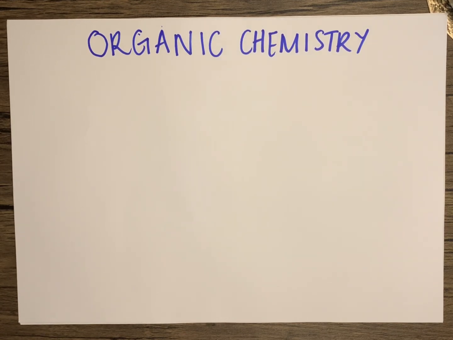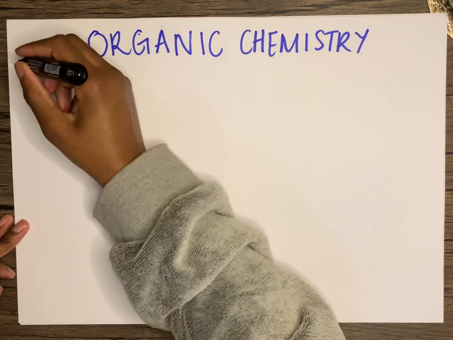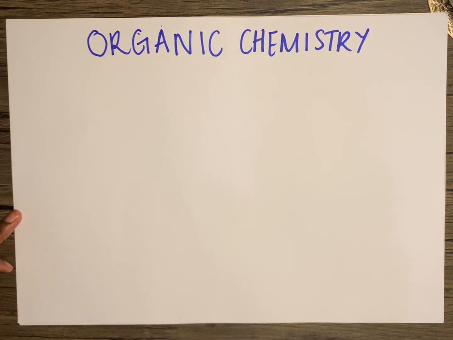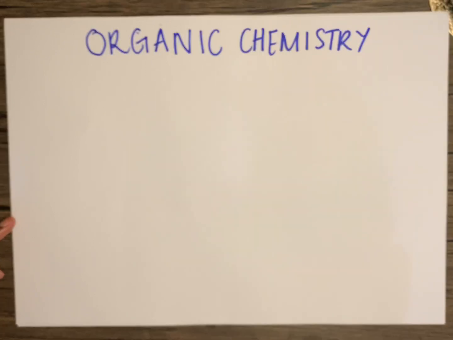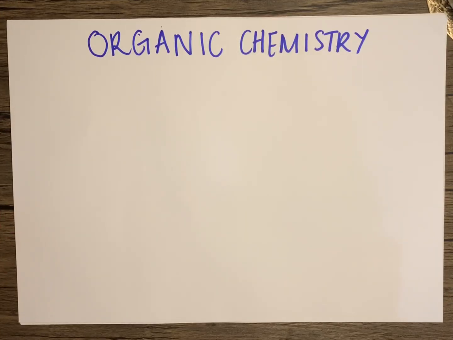Today I'm going to be doing organic chemistry, the theory which entails the basics for naming of organic molecules, right? So with organic chem, we are usually referring to organic molecules, which we say are molecules that contain carbon atoms, right?